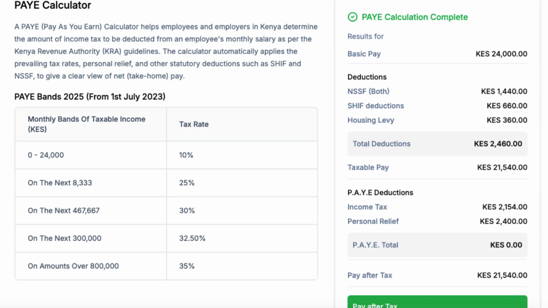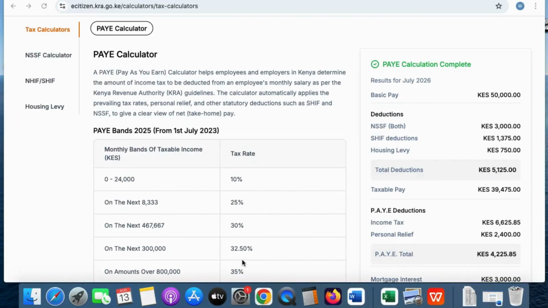So yes, PAYE is zero, but the SHIF and the housing levy are still deducted if you get to the level at which they apply. So they will be deducted from your salary. Therefore, in this example, the employee's take home pay, the net salary, will be 21,540, not 24,000.